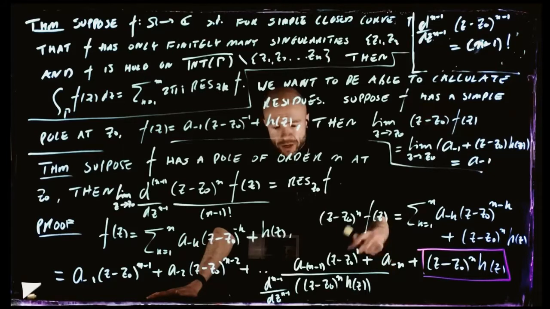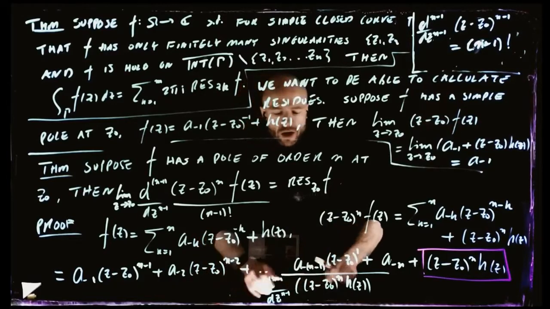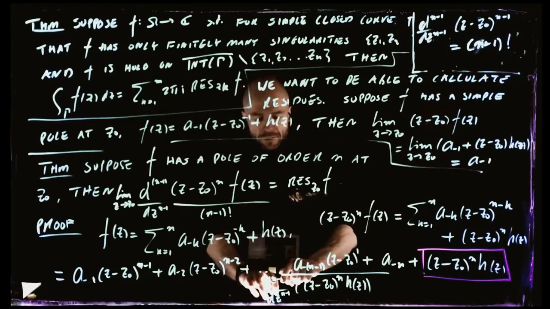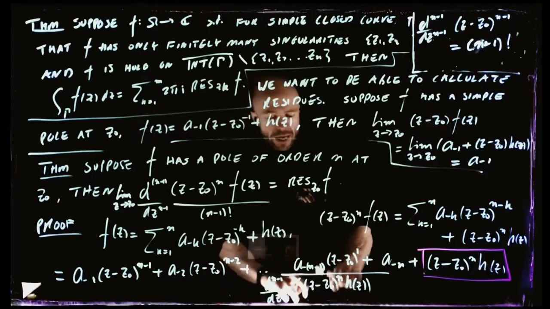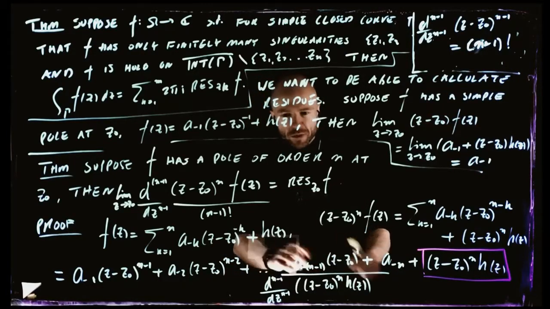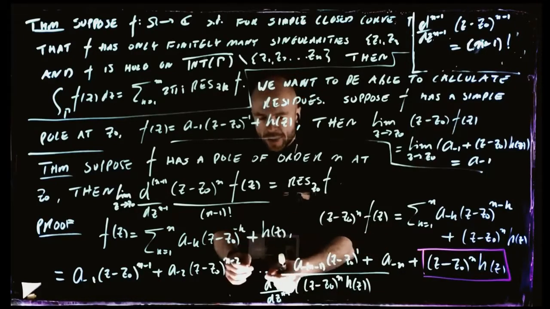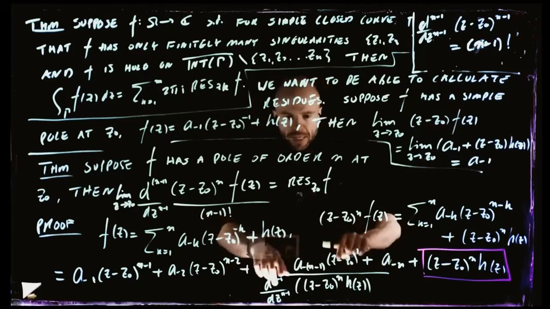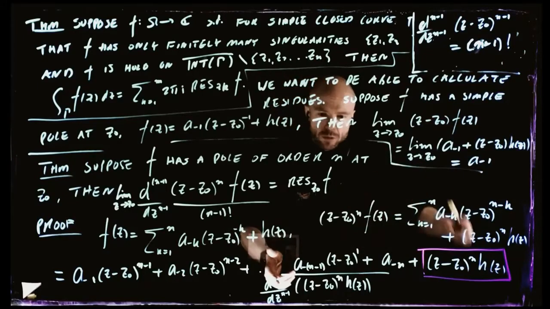And every time we do it, we find that we still have a power left. Let me say that better. Right now we're differentiating n minus 1, n times, and we have a factor of (z minus z0) to the n. Every time we do a differentiation, we're still going to be differentiating a certain number of times, but we're going to have a factor of (z minus z0) to that number of times plus 1.